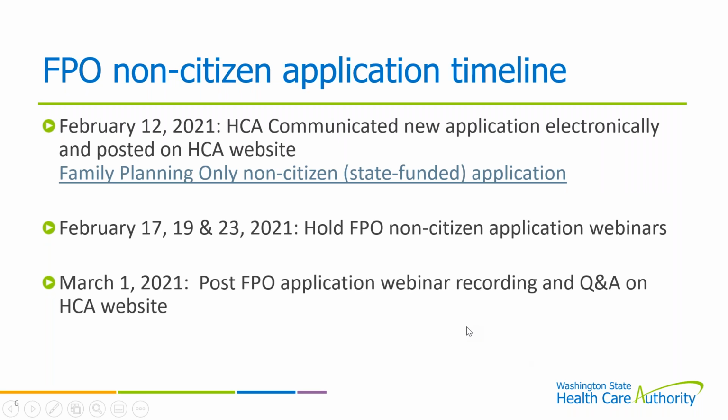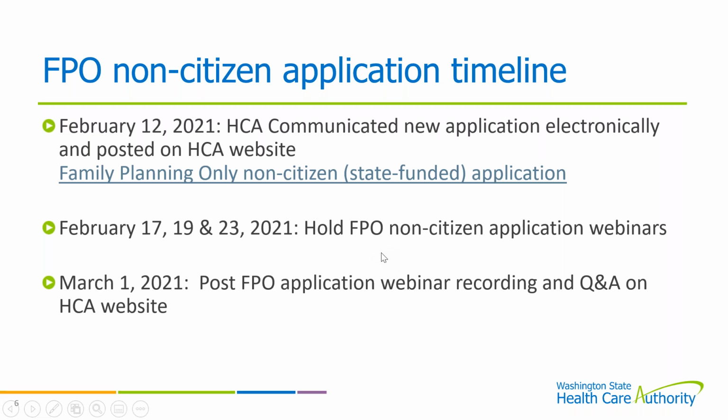Just to share with you the non-citizen application timeline. On February 12th, we communicated the new application electronically via email through our GovDelivery, and we posted it on our website; it is now available for use. February 17th, 19th, and today are the family planning non-citizen application webinars.